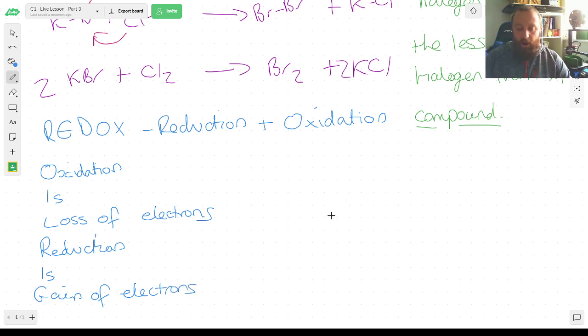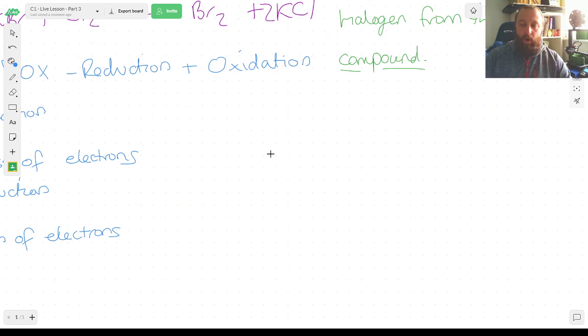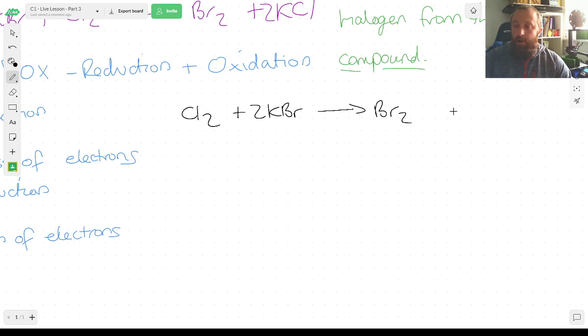So I want to have a look at what's happening during these displacement reactions. Let's write one of these out again. Let's change the colour, back to black. So we're going to have a look at chlorine plus potassium bromide forming bromine plus potassium chloride.